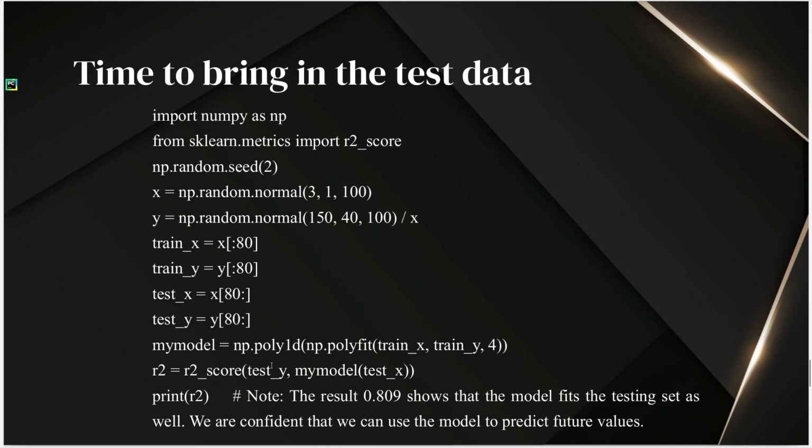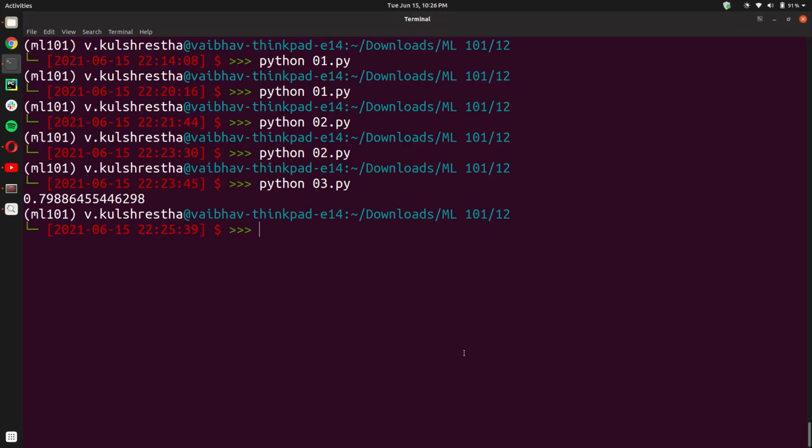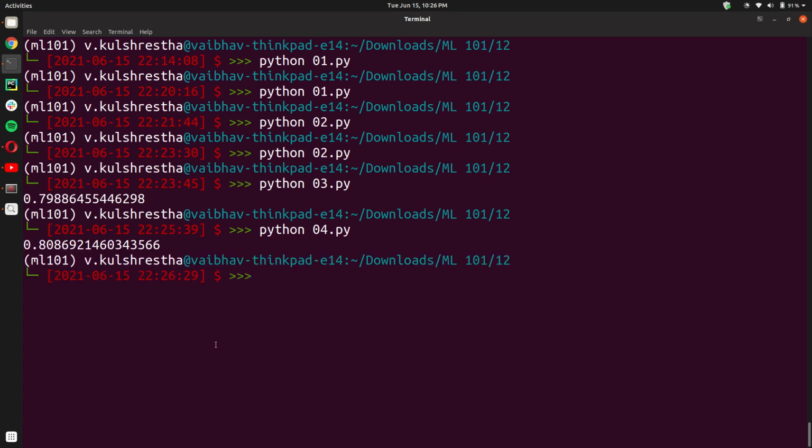We just replace train y with test y and train x with test x, my model test x. Okay, and you'll see when I run this, I get an even higher R squared, 0.8. So this means that the testing dataset is even better related with my original dataset.